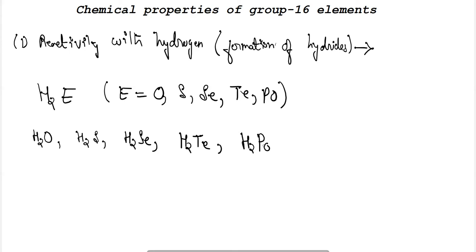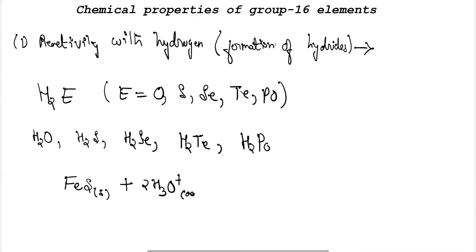The hydrides of sulfur, selenium and tellurium are generally prepared by the action of acids on metal sulfides or selenides or tellurides. For example, for preparation of H2S, ferrous sulfide is treated with acid.